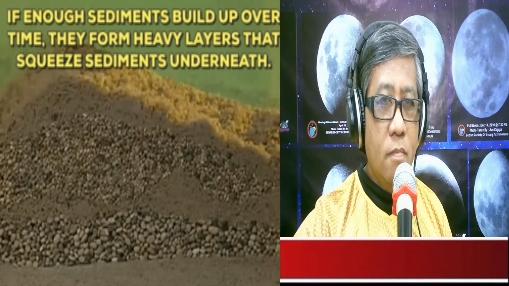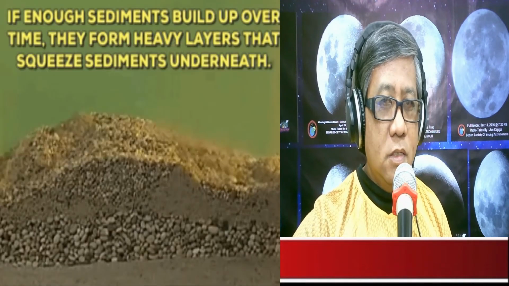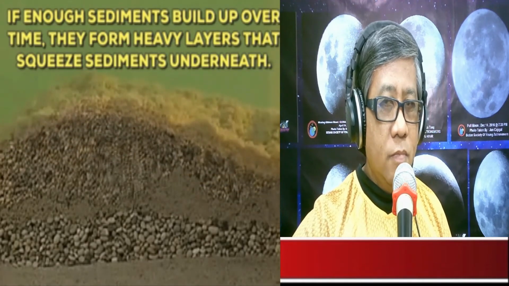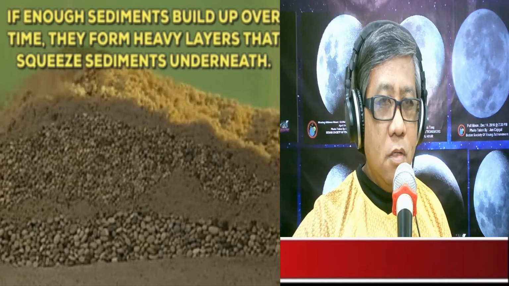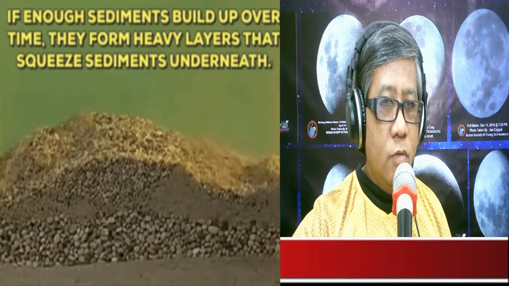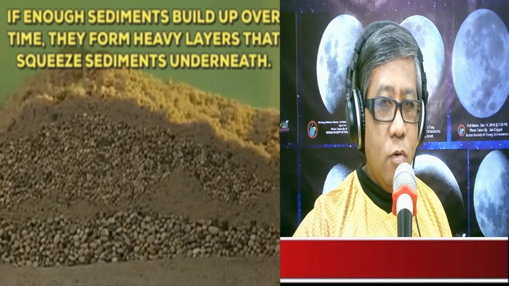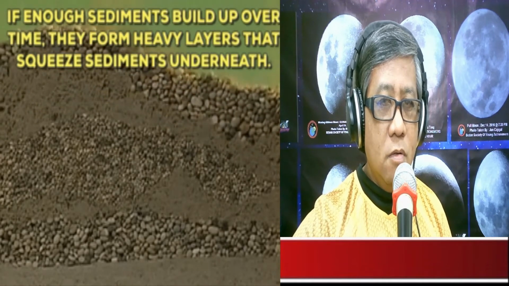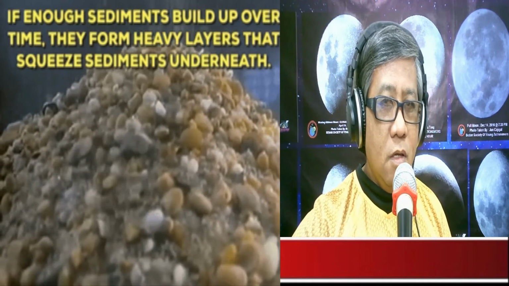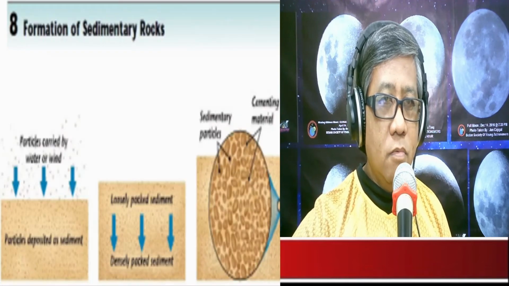They form heavy layers that squeeze the sediments underneath. So the bottom layers get compacted by the pressure of the layers above them. Okay, and after compaction, those layers underneath get cemented and they form sedimentary rocks.